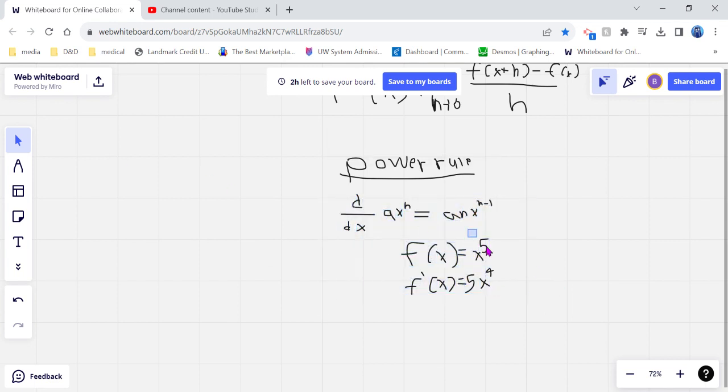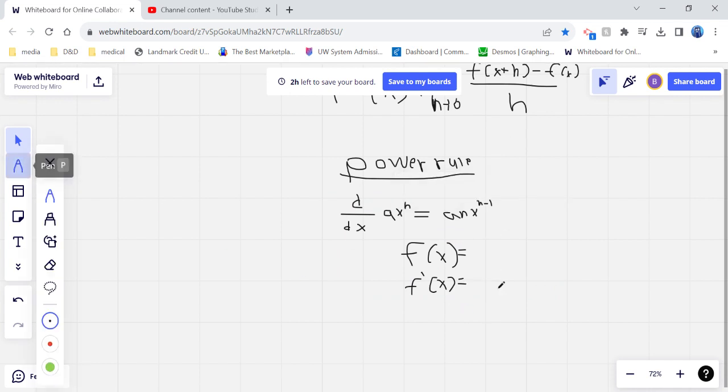So I just want to show you one more example. Actually, I'll show you two more. So let's say we had 9 times x. We know that x is actually the same thing as x to the first, right? The 1 does not change the value of x. So this power rule still applies. We multiply by 1.